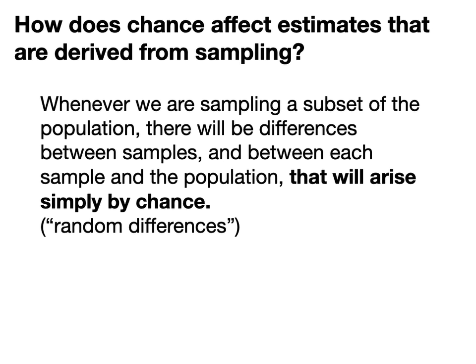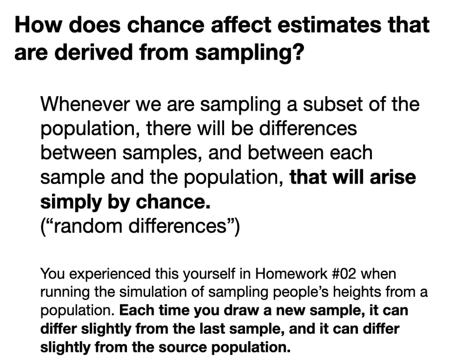And those differences that are just due to sampling, just due to who you happen to sample, those are random, right? They arise simply by chance. You experienced this yourself in homework number 2. Homework number 2 had this simulation sampling heights from a population. Each time you click the button and draw a new sample, it differed slightly from the last one. And it also differed from the source population.